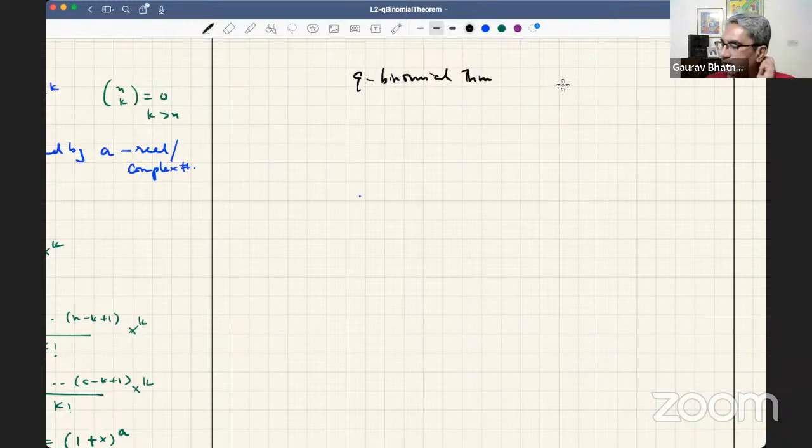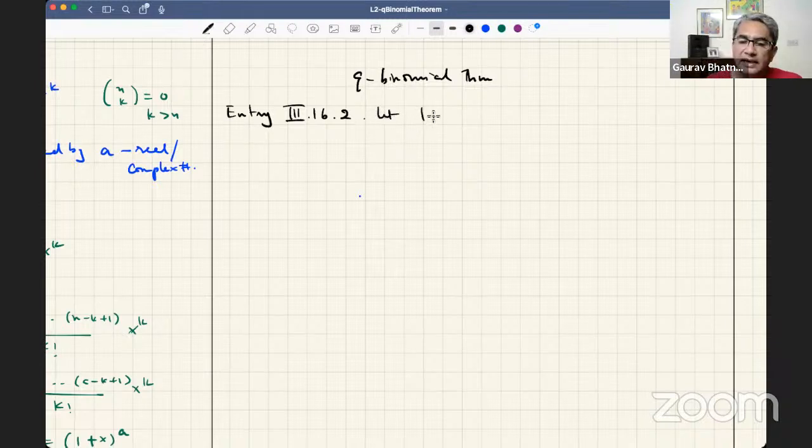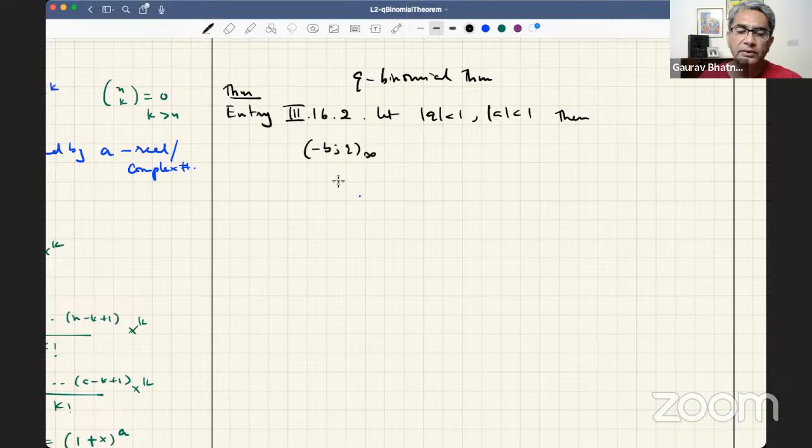And I want to give Ramanujan's proof here. This is entry 2 in chapter 16 of volume 3. So this is the theorem. Let the absolute value of q be less than 1 and the absolute value of a be less than 1, then the sum equals minus b q infinity over a q infinity.